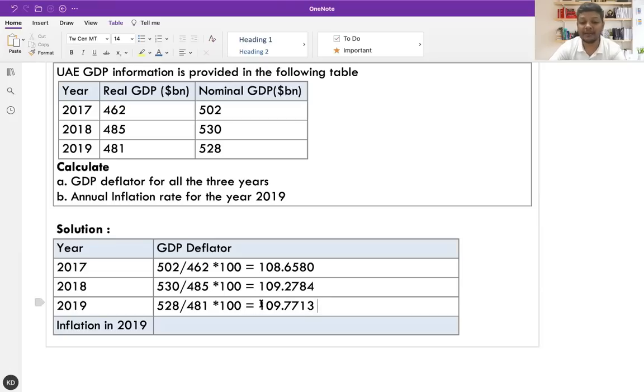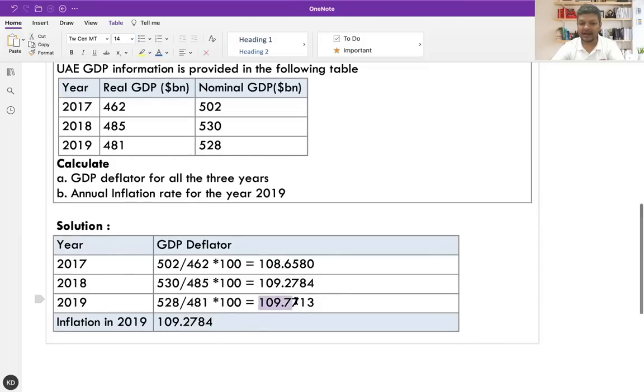109.7713. That's the index value. So where was the index value last year? 109.27. Correct. And in the current year, it is 109.7713. Right? So between 2018 and 2019, what was the change in the index in percentage terms? From 109.27, it went to 109.77.